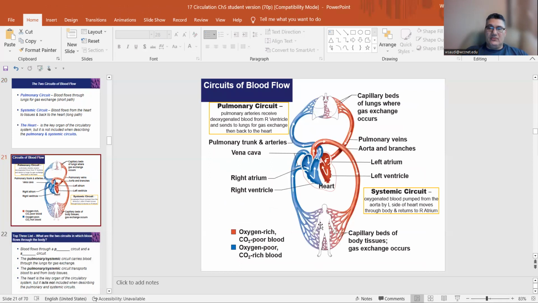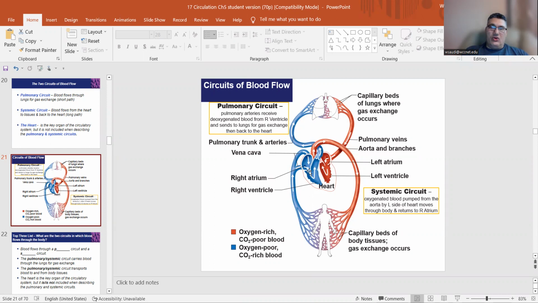The whole picture. The different parts of the body. Deoxygenated blood leaves through capillaries, venules, veins. Superior and inferior vena cava, right atrium, deoxygenated, and that's why, look at this, this is all blue. Superior and inferior vena cava, blue, deoxygenated. Right atrium, blue, deoxygenated.